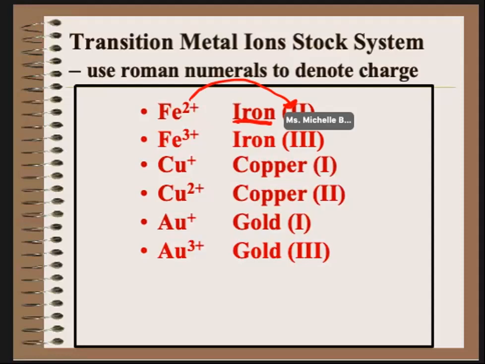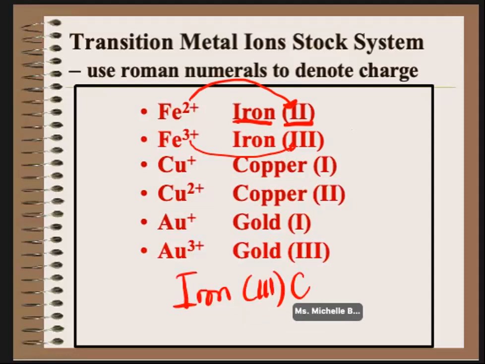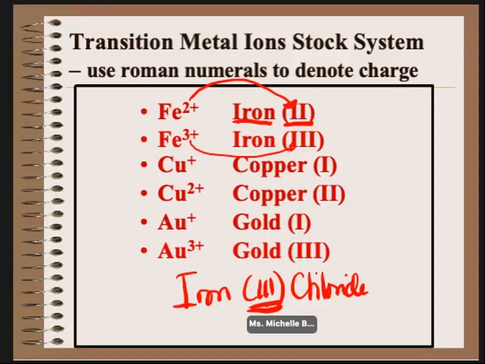So iron 2 means +2 charge is used here. So we have iron 3, +3 charge is being used. So if we have iron 3 chloride, example only, therefore +3 is used in this compound. The charge that is being used is +3. So we make use of Roman numeral. That's a stock system.